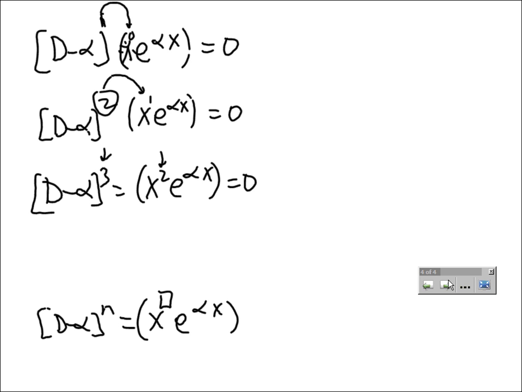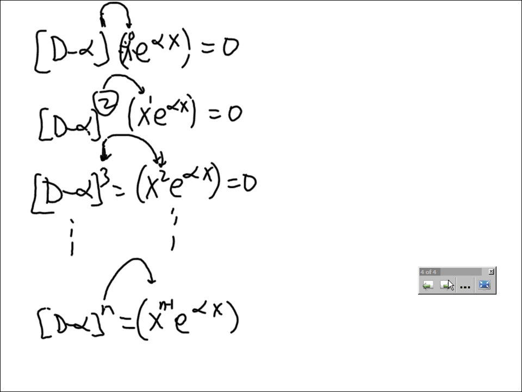If this power here is 3, you can have x squared. If this power is n, we're gonna have 1 less. It's gonna be x to the n minus 1. And we can do our proof by induction to show that this always works.